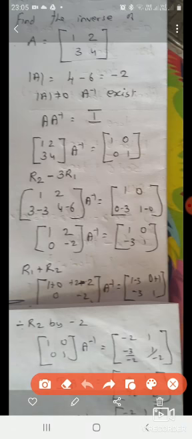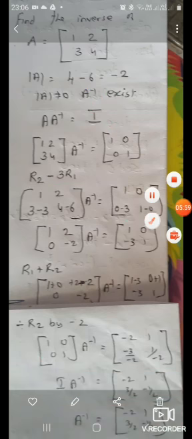To convert these to 0, first I am going to make this A21 value 0 over there, because we need 1 0 0 1. So this value should go to 0. That means it is R2. 3 minus 3 will go to 0. So R2 minus 3 times R1 we are going to take.